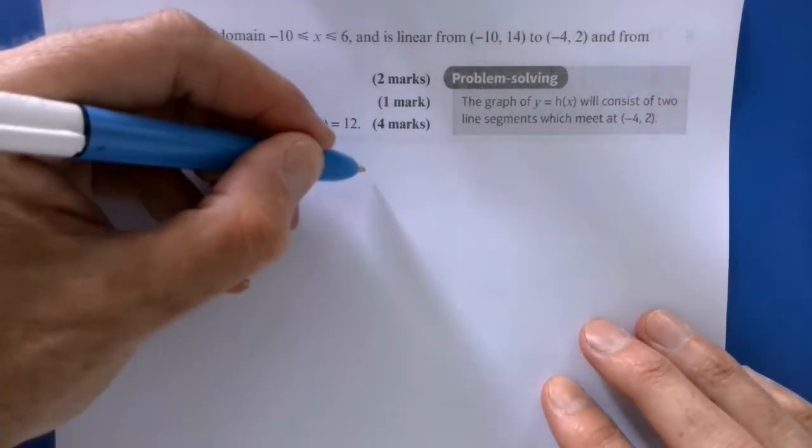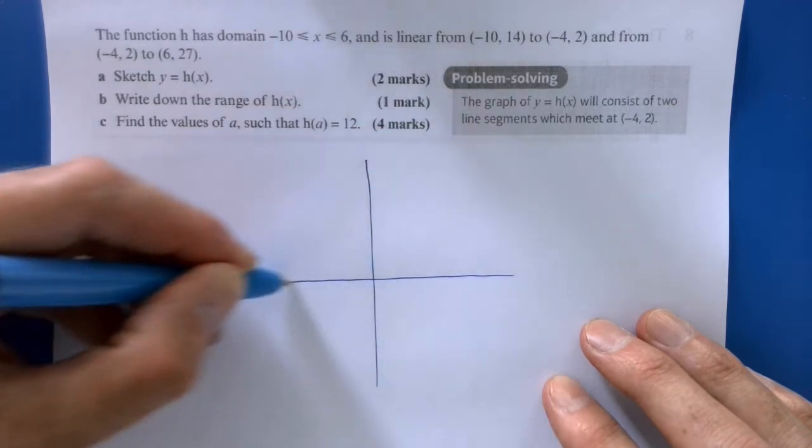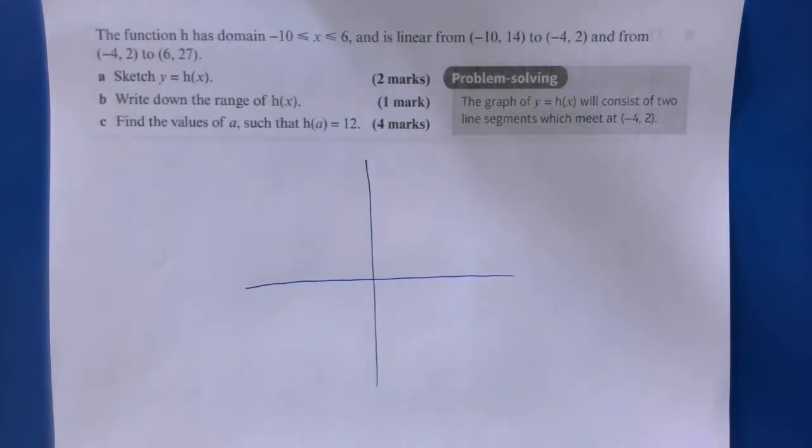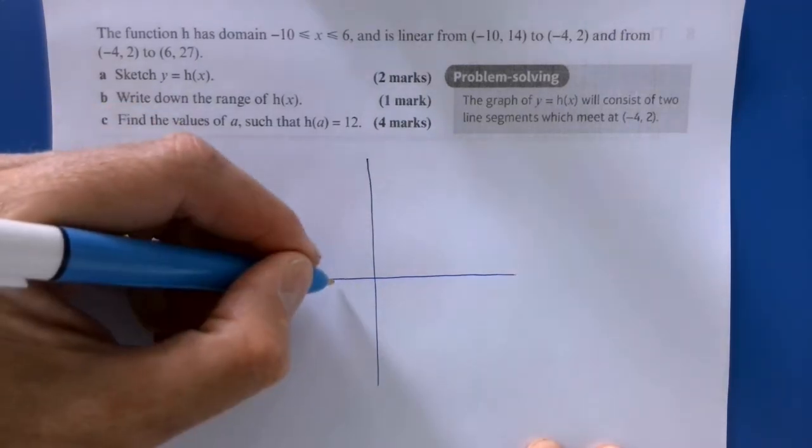Now I'm going to have a go at sketching this, but I'm already feeling like I'll probably need to apologise. In fact, I'll just reach for a ruler at this point. So minus 4, 2 is the key value here, so I'm going to go along to minus 4, 2.